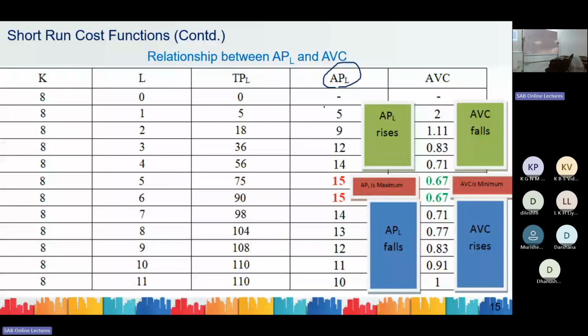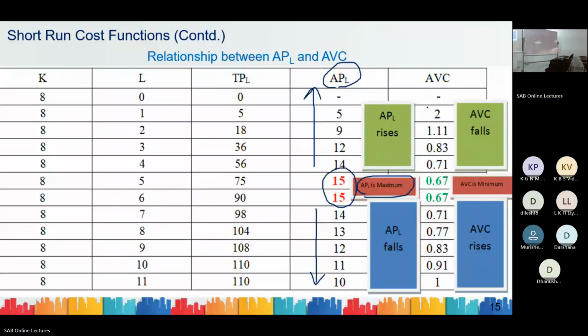As we saw, average product of labor is increasing initially and reaches its maximum, and then it declines. APL rises first and reaches the maximum, and then it falls.